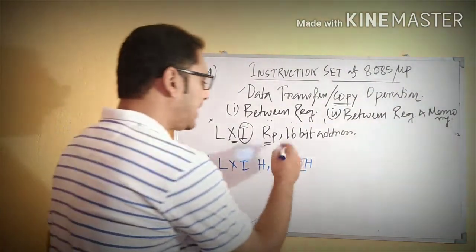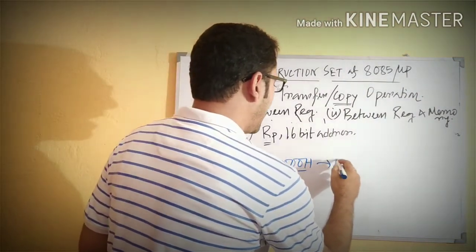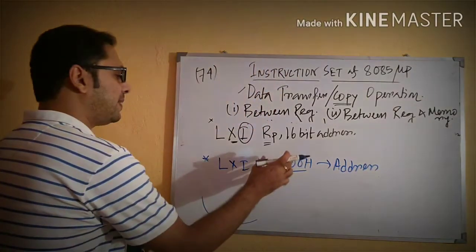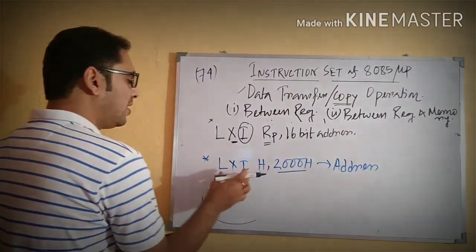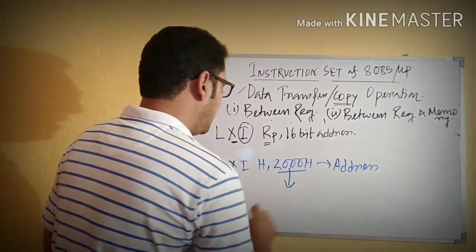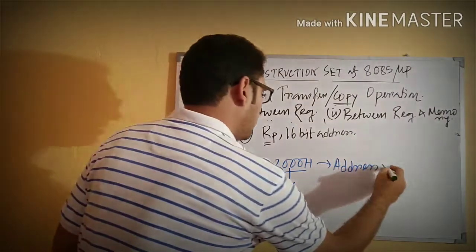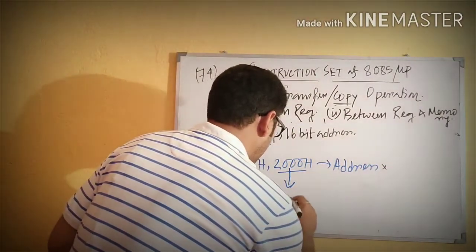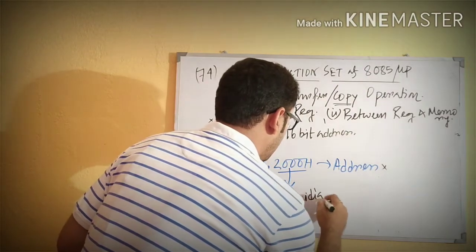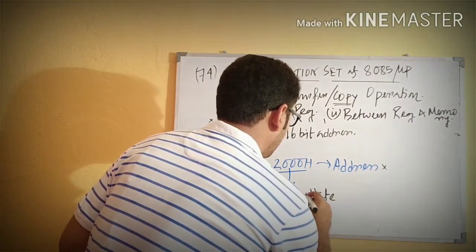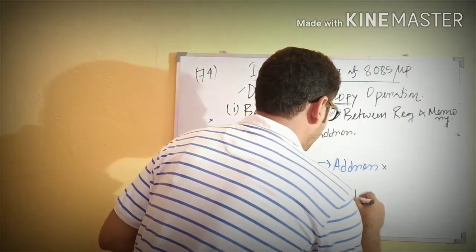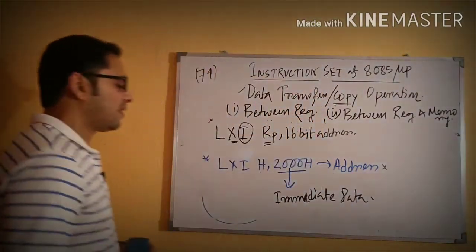This 2000 hex looks like an address, but when I use 2000 hex as an operand of the instruction LXI, it becomes immediate data, not an address.